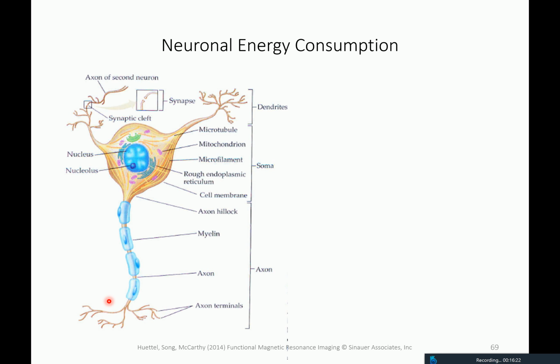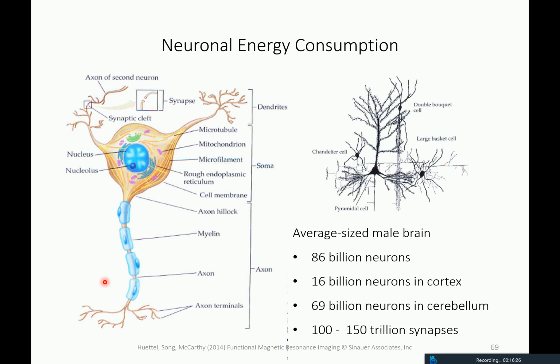But it's kind of the idea of a neuron. This shows things a little bit differently: a pyramidal cell in the cortex with some Golgi staining going on and some other cells here.